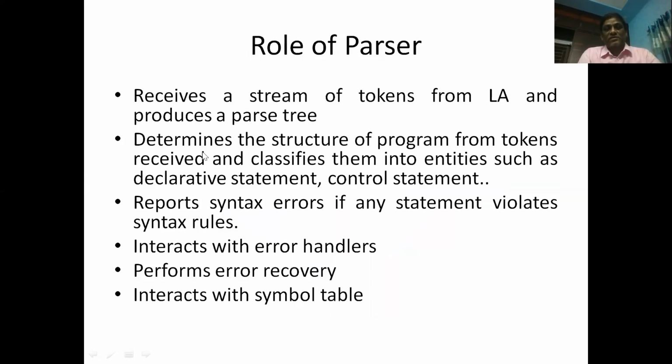The second task of the parser is determining the structure of the program from the tokens received and classifying them into programming language entities, such as what kind of statement it is. Is it a declarative statement or a control statement or an operational statement and so on. So it identifies the type of statement also.